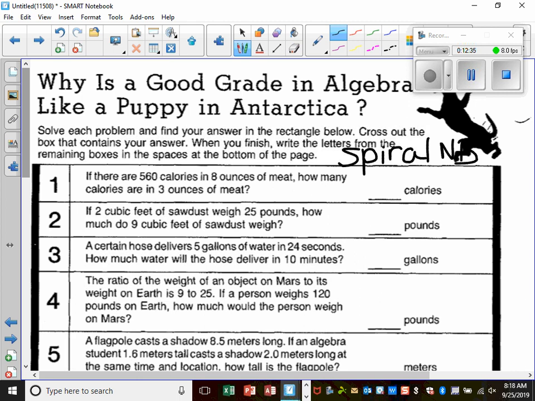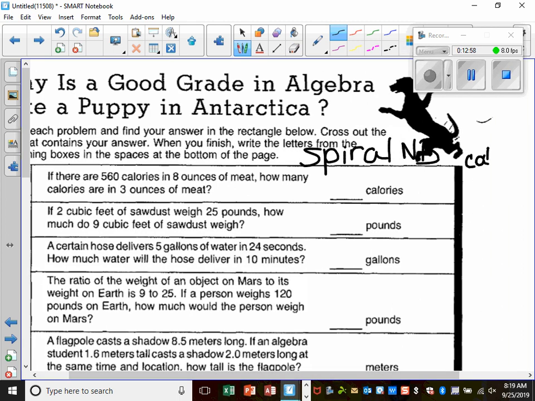When you're doing these types of problems, make sure you're paying attention to the labels. Here it says, if there are 560 calories in 8 ounces of meat, how many calories are in 3 ounces of meat? So you're comparing calories and ounces, and you always want to compare in the same order. If I'm comparing calories to ounces, when I write my proportion, the calories number is always at the top and ounces are always at the bottom, so that when I cross multiply, I get the correct answer.